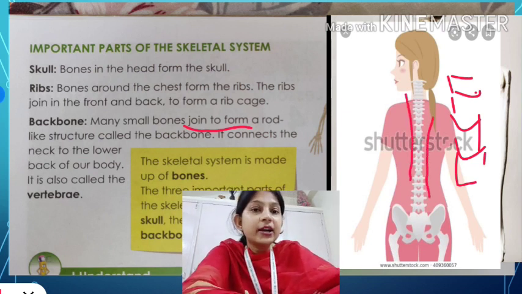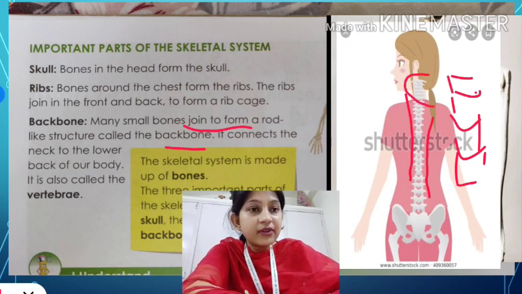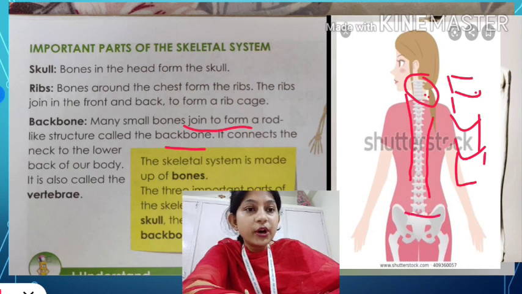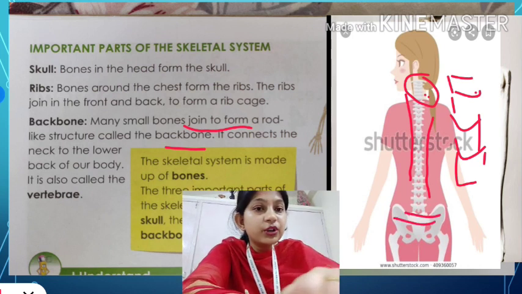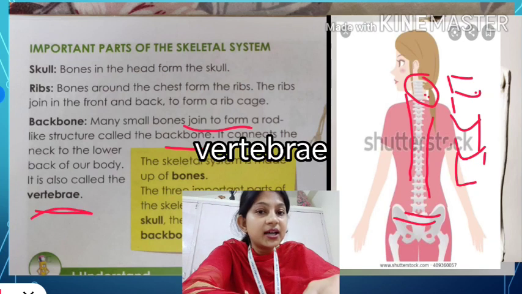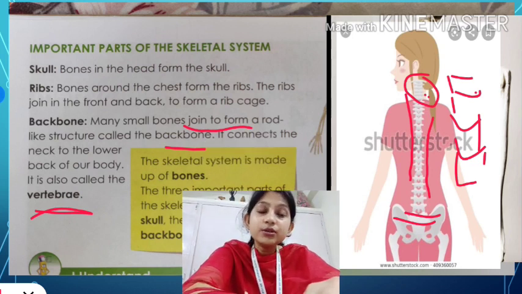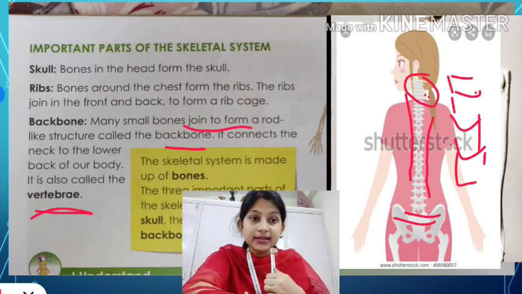Okay, they are called the backbone. It is connecting our neck to the lower body part. Okay, it is also called vertebrae. What do we call it? See here, vertebrae, V-E-R-T-E-B-R-A-E, vertebrae. Okay, and it is also, students, a very important bone in our skeletal system.